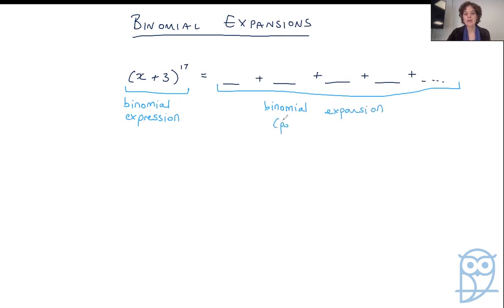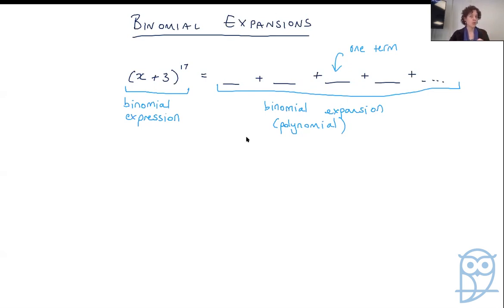It creates a polynomial, and each one of these is a term. So we have a term plus a term plus a term plus a term plus a term gives us our polynomial, which is our binomial expansion, which came from our binomial expression.